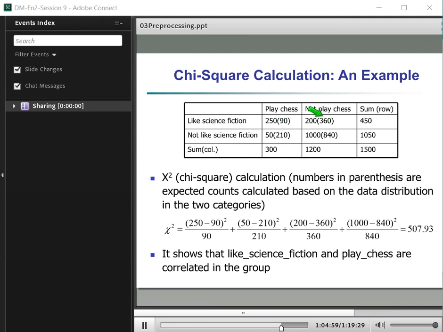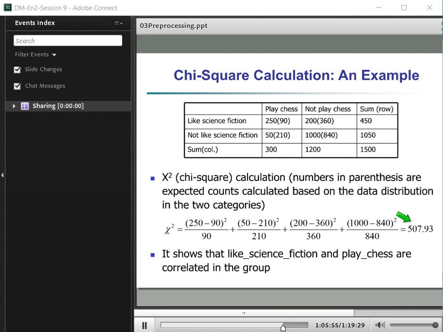Okay, we have these results here, and I want to find out whether there is any correlation between playing chess and liking science fiction, yes or no. According to the formula, I'm placing the numbers here in this way: 250 minus 90 to the power of 2 divided by 90, 50 minus 210 to the power of 2 divided by 200, and so on.